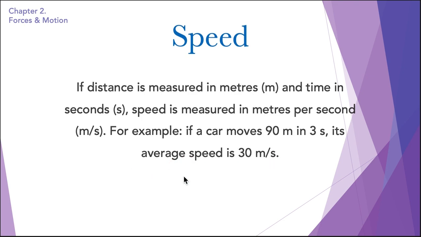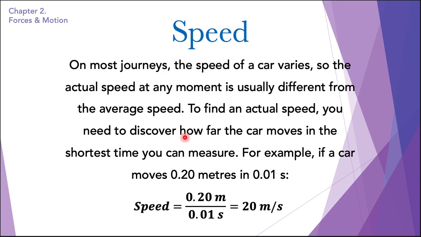To find an actual speed, you need to discover how far the car moves in the shortest time you can measure. For example, if a car moves 0.20 meters in 0.01 seconds, then the speed is 20 meters per second. But maybe the speed will change into something different. If the car is accelerating, the speed would increase after a second or so.